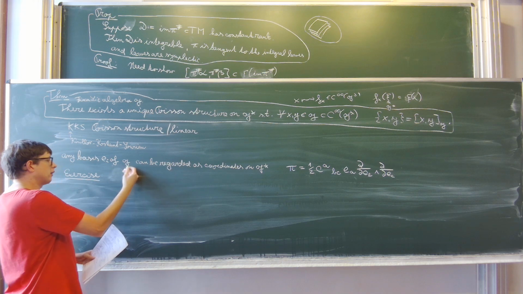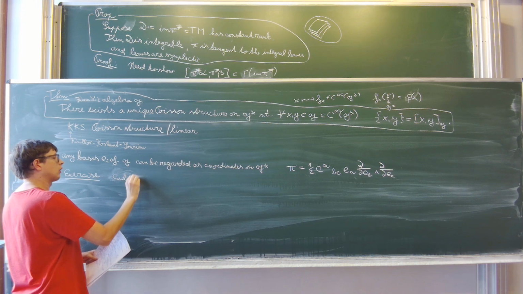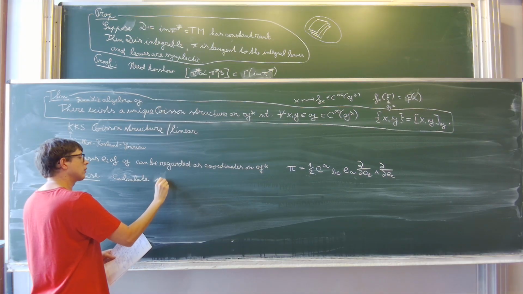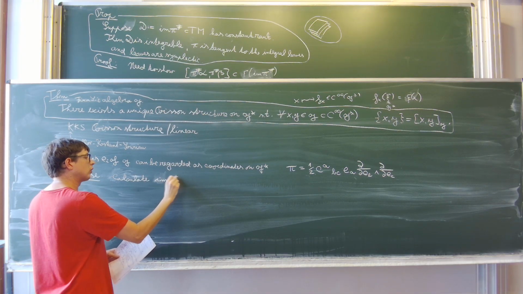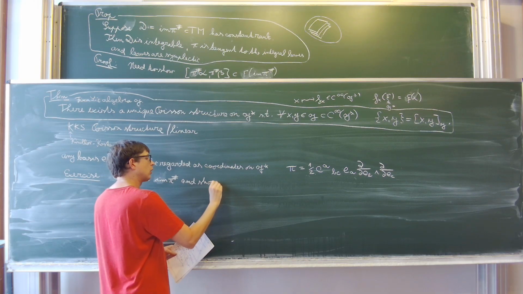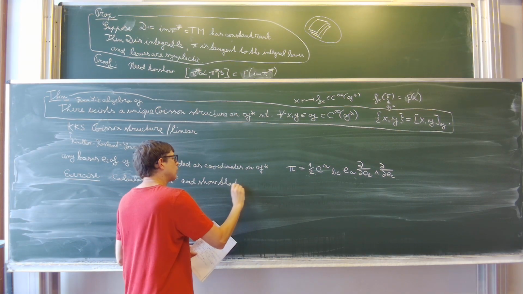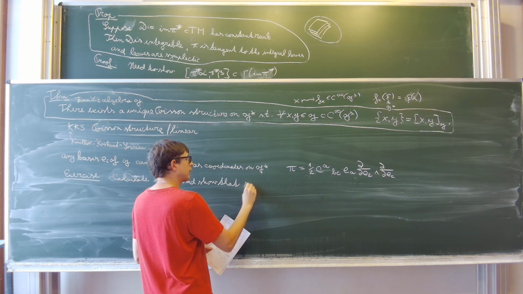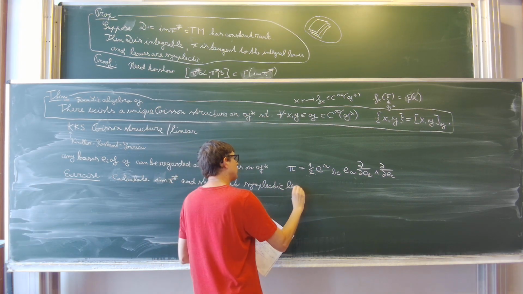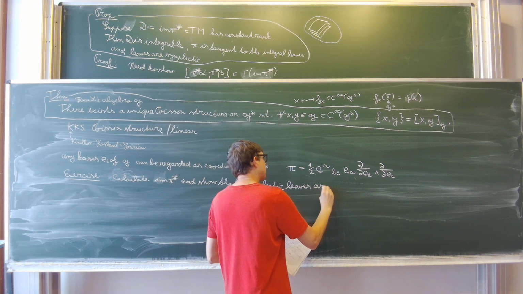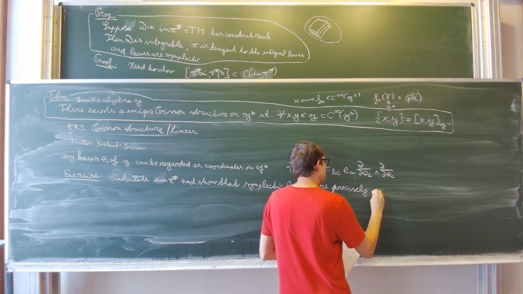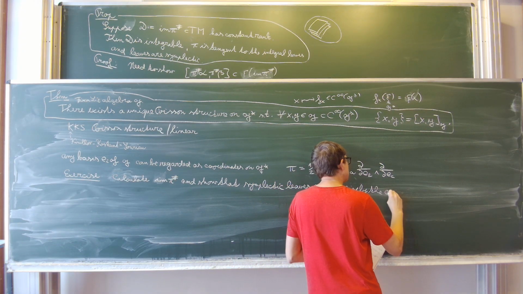So calculate the image of pi sharp, and show from this that symplectic leaves are precisely the coadjoint orbits.